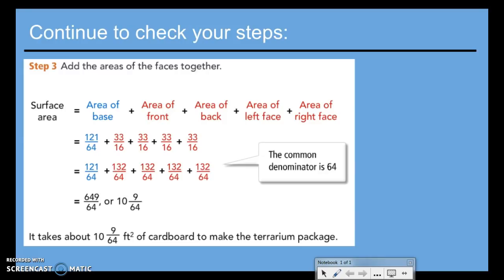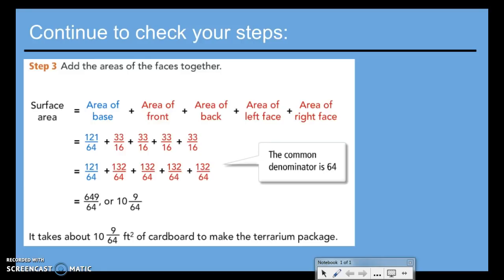So you're just going to add 33/16 to itself 4 times, or you can multiply 33/16 times 4, plus 121/64. Okay? You should end up with 649/64, or 10 9/64. So it takes about 10 9/64 feet squared of cardboard to make a terrarium package.